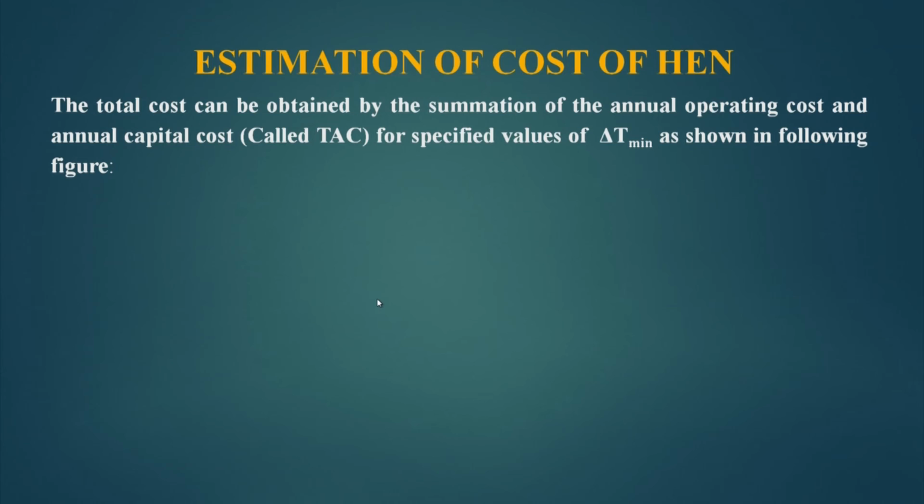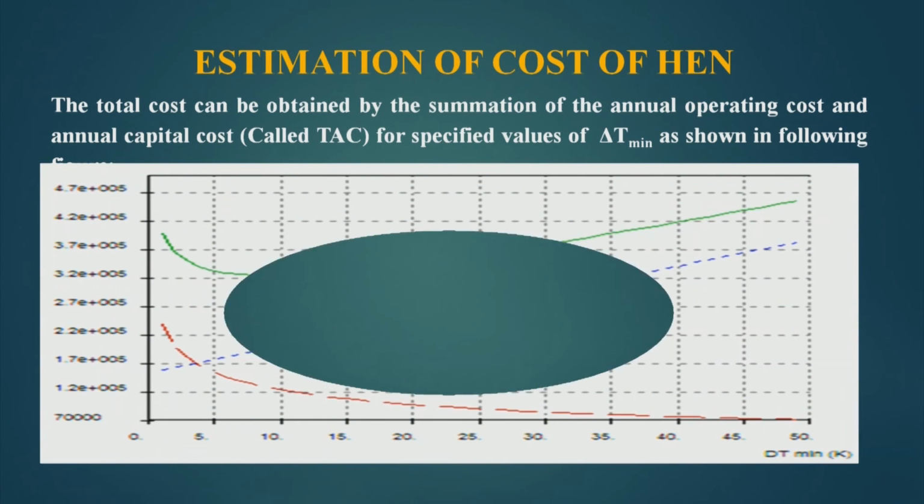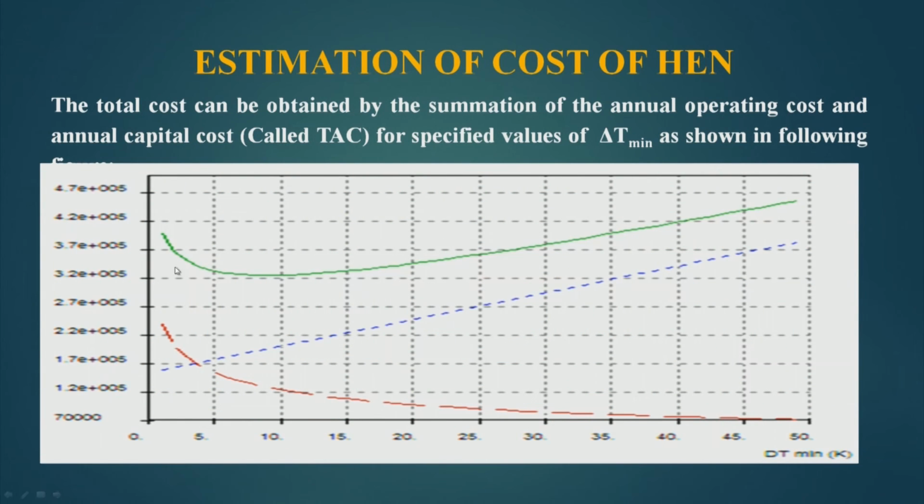Now, the total cost can be obtained by the summation of the annual operating cost and the annual capital cost, and this summation is called TAC, for specified values of delta T minimum as shown in the figure. Now, this is the fixed cost, which is decreasing, and this is nonlinear in nature.